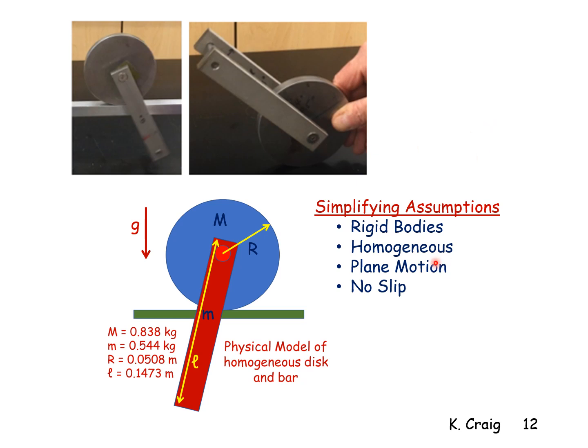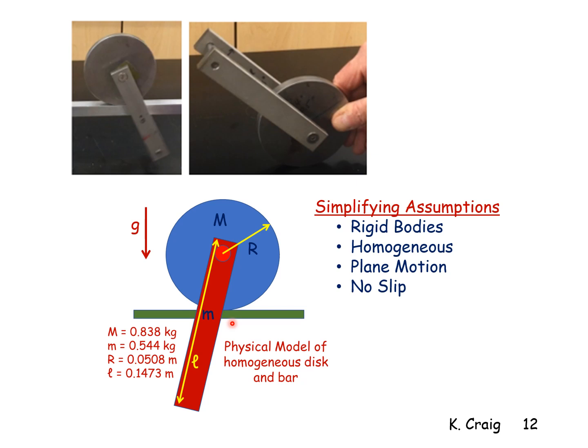So our simplifying assumptions are rigid bodies, homogeneous bodies, and plane motion. But also I assume no slip here at the point of contact between the disc and the horizontal bar. What do we mean by no slip? No slip simply means that at the point of contact between the disc and the bar, there are actually 2 points there.